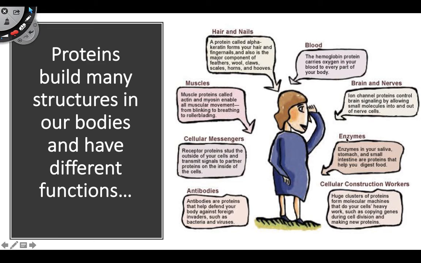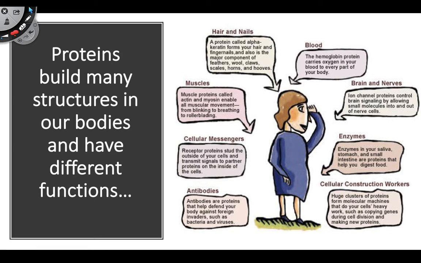We have proteins that act as enzymes in your saliva to break down the food that you eat, in your stomach, in your small intestine, all helping in food digestion. And then you have proteins acting as cellular construction workers, such as molecular machines that do your cells' heavy work, like copying genes during cell division or making new proteins.